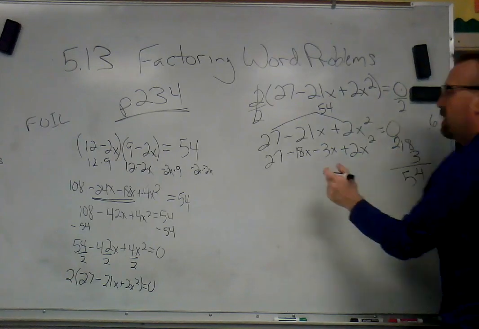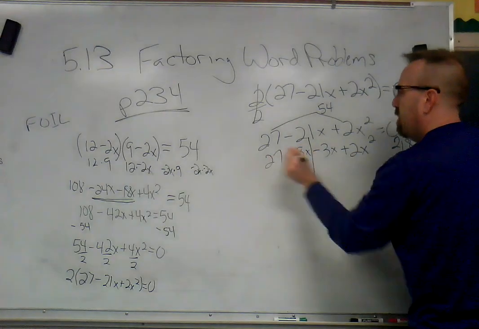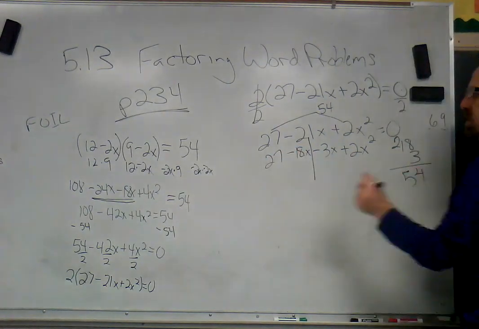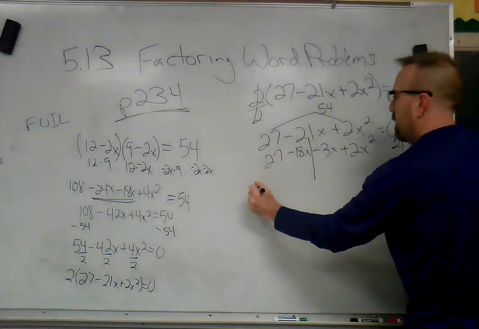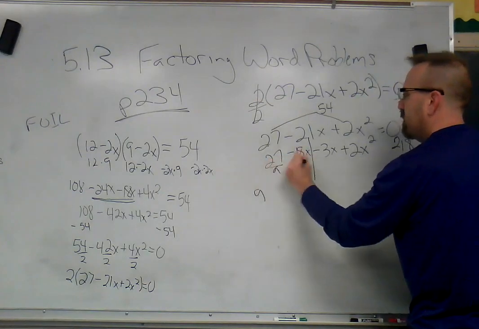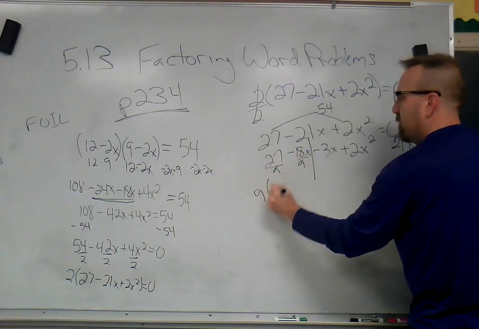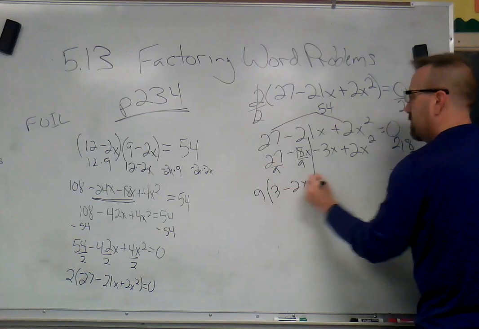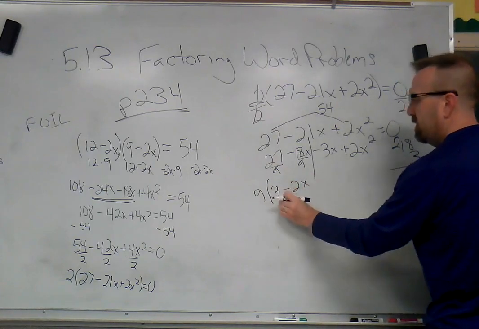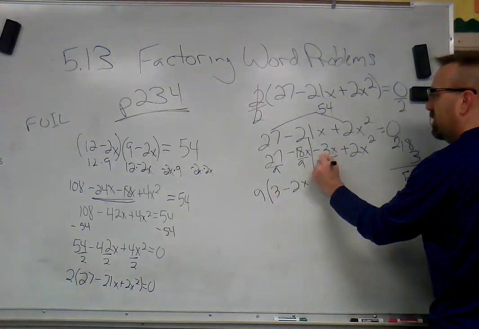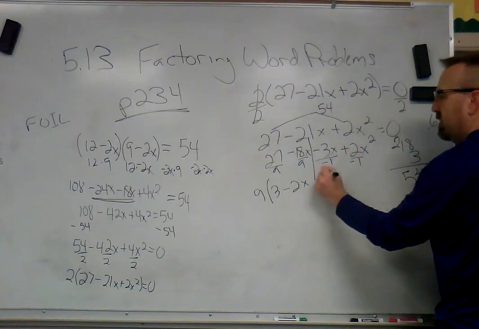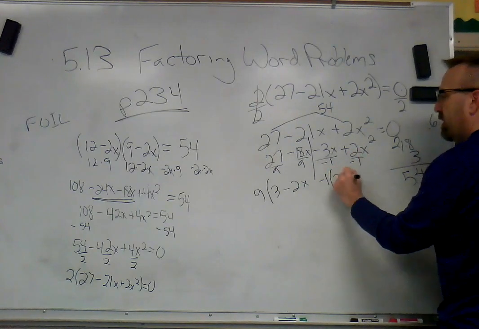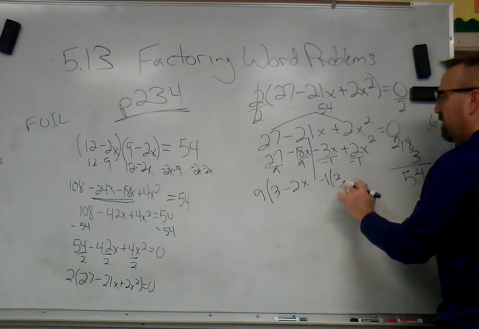Okay. So now we've cut it in half. What's common in these two? 9. I'll go with 9, it's the biggest. So 3 minus 2x. That's positive, so we need to take out a negative. So 3x gives you 3 minus 2x.